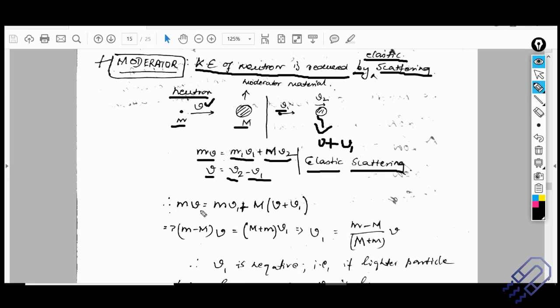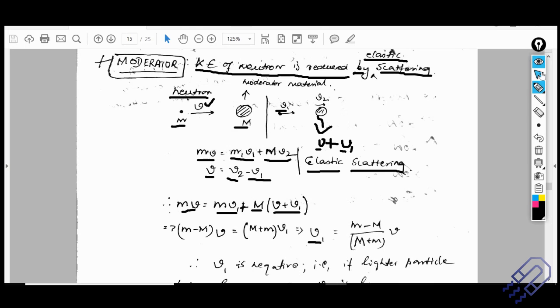If we talk about mv, we can just replace the values here. We're just doing a limiting case here, so don't worry about it. The mass into velocity is equal to mv1 plus capital M, the mass of the moderator, into v plus v1. You can just replace it, and then if you do the maths, we can write down the velocity of the incoming neutron.